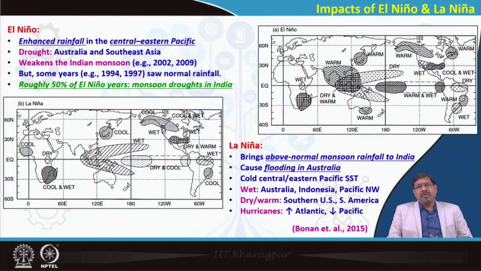Now, friends, let us move to the next one, that is El Nino and La Nina. Most of us have studied La Nina and El Nino before, since our high school days. As a general note, we understand that El Nino gives us a less rainfall scenario, and La Nina gives us a contrasting, higher rainfall scenario.